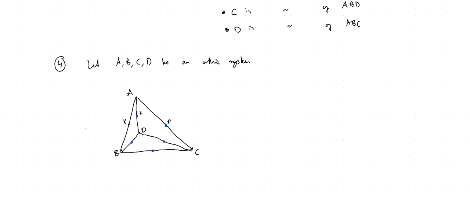This will be Y, this will be L, this will be Q. So this is the red one, this is the blue one, and this is the green one. Yeah, actually L should be moved here.